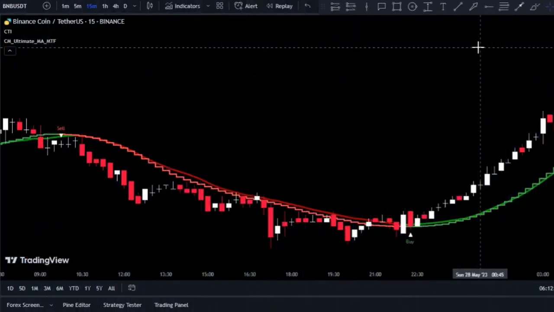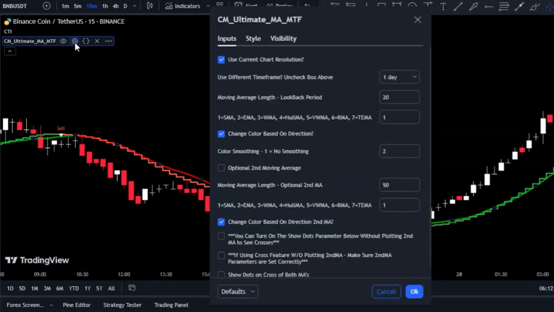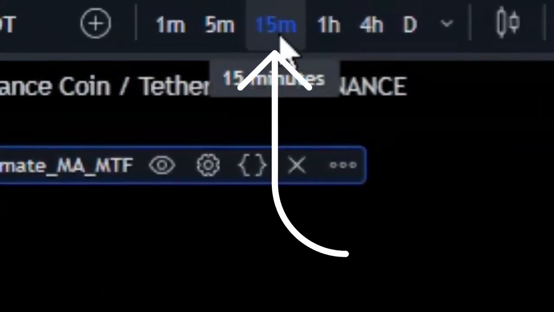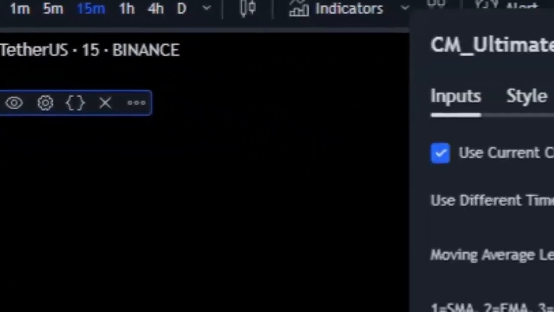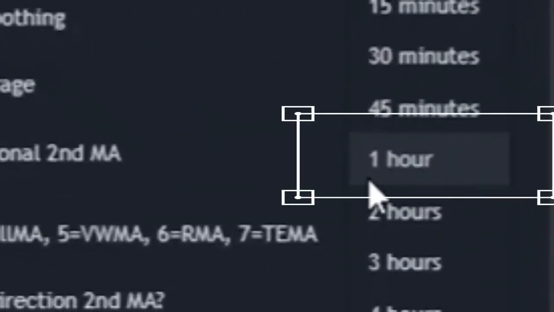But of course, this indicator also needs some optimizations. So in the settings, we want to set the indicator time frame 1 time frame higher than the chart's time frame. Since our chart time frame in this example is a 15-minute time frame, we'll set the indicator time frame to 1 hour.